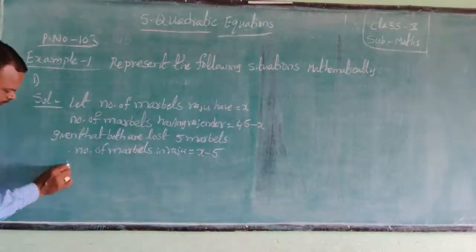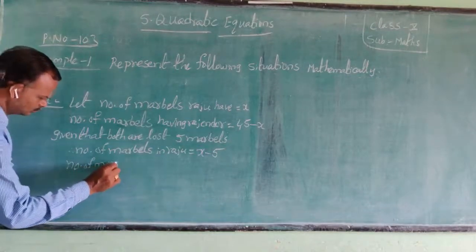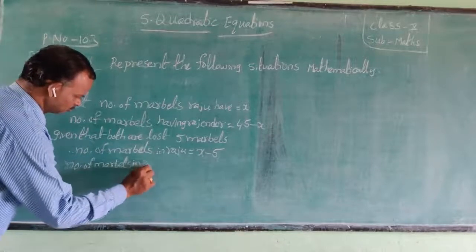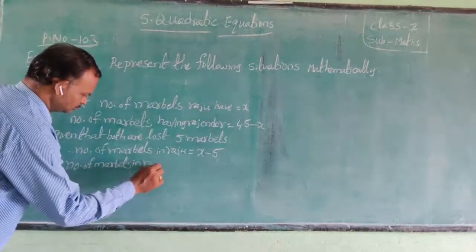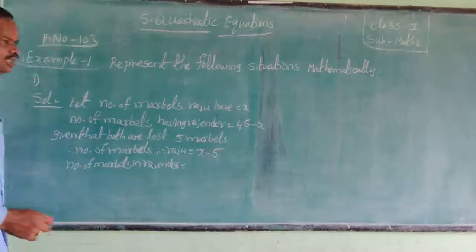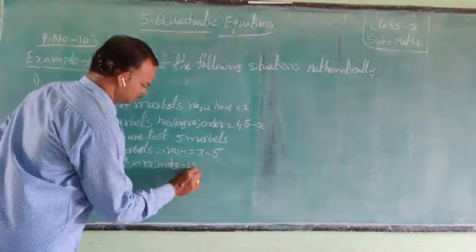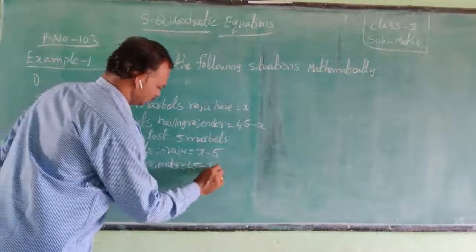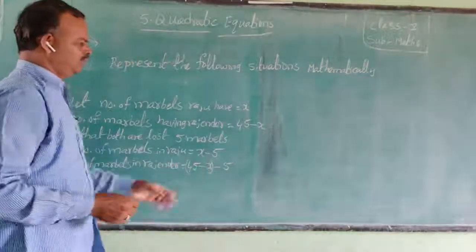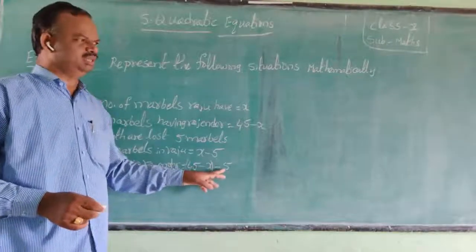Similarly, the number of marbles in Rajendra was 45 minus X. Now 5 marbles are lost.